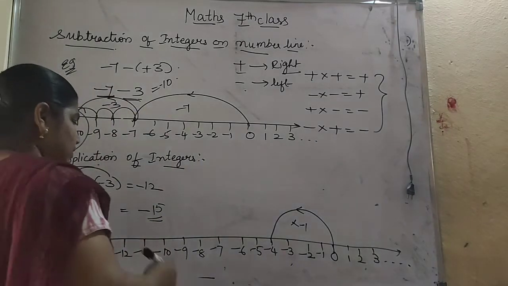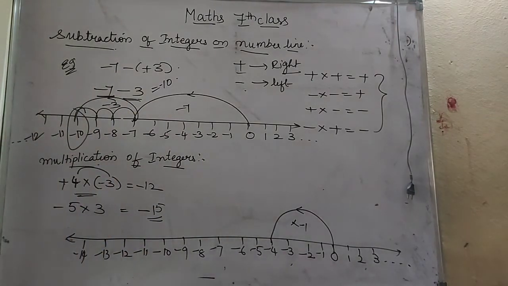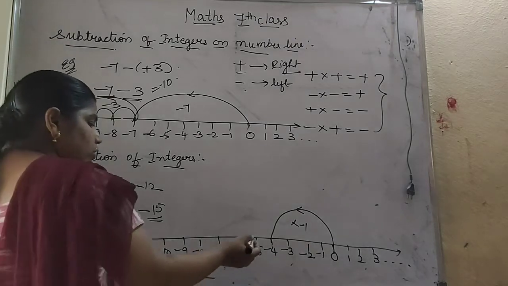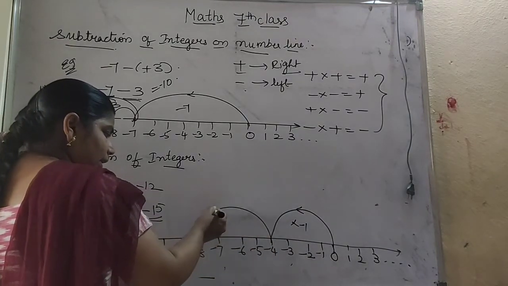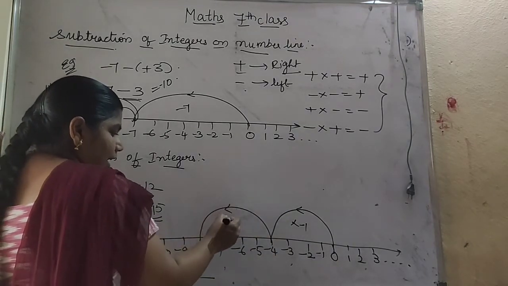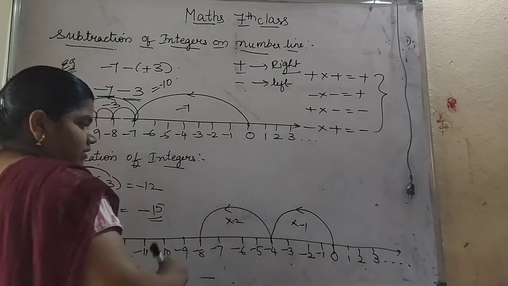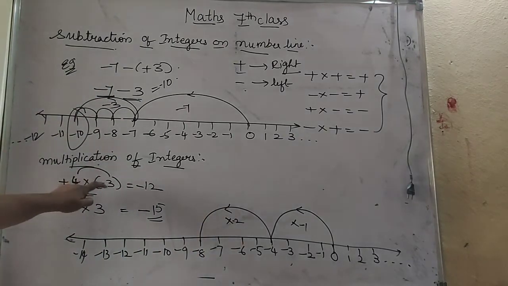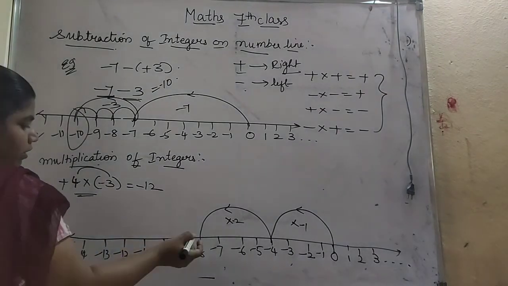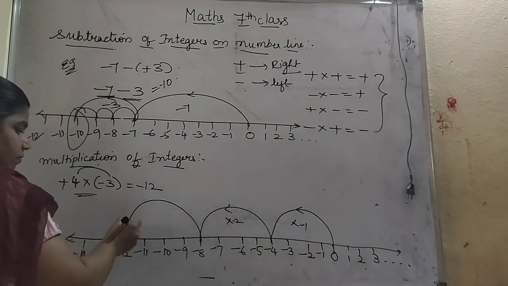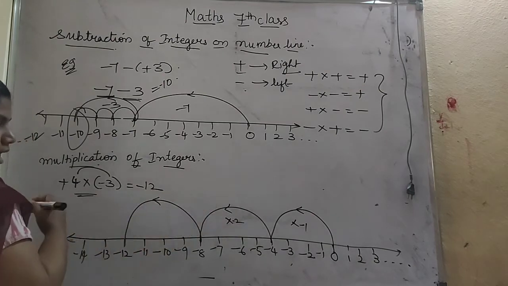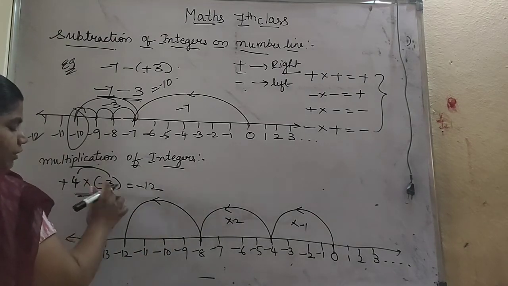After that 2 times. So how many times do we have to move like that? Totally 3 times we have to move. So it will be minus 8, again into minus 2 times. Now minus 3 times means again we have to move one more time. Which side am I moving? I have moved to the left side because it is a negative value.